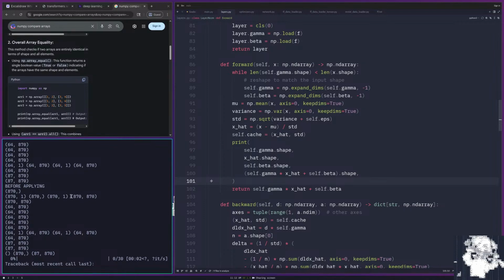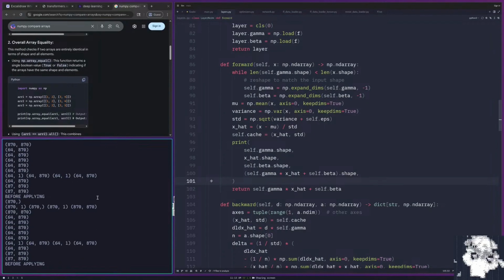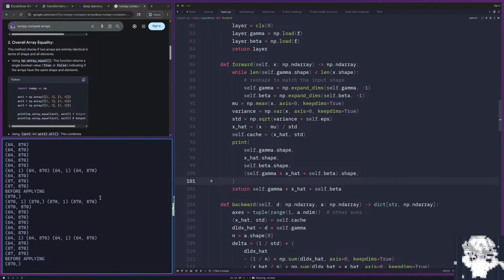Wait, now the output's the wrong shape. Hold on.